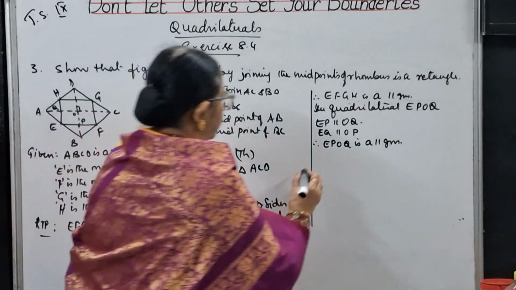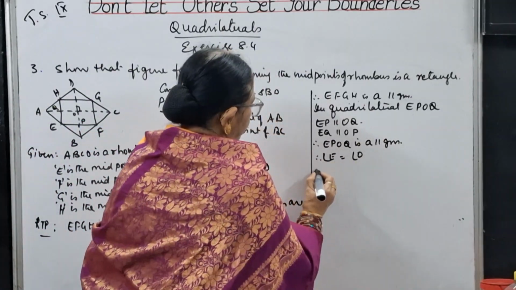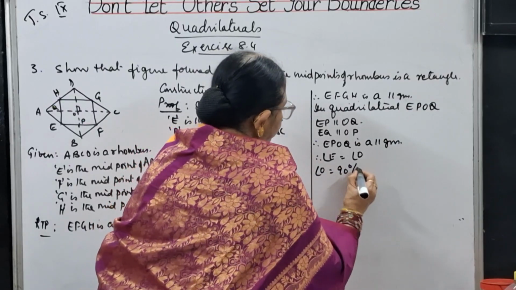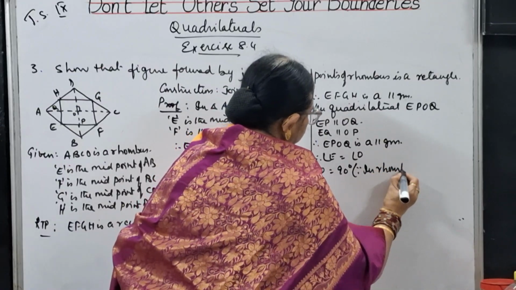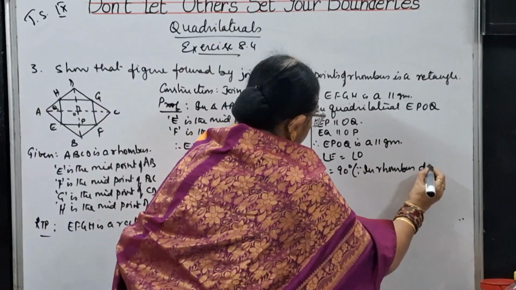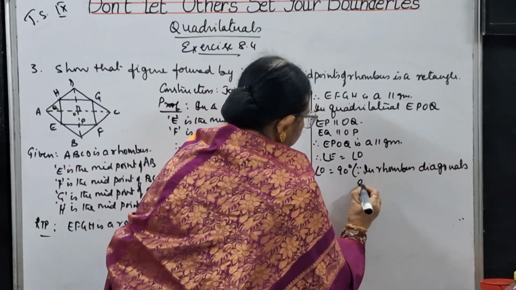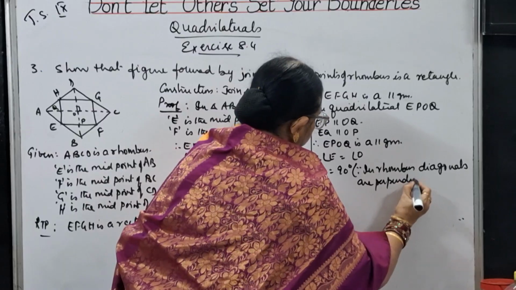When you could prove that this small quadrilateral is a parallelogram, then opposite angles are equal in parallelogram. Therefore, angle E is equal to angle O. What is angle O? Angle O is 90 degrees. Why? Because in a rhombus, diagonals are perpendicular.